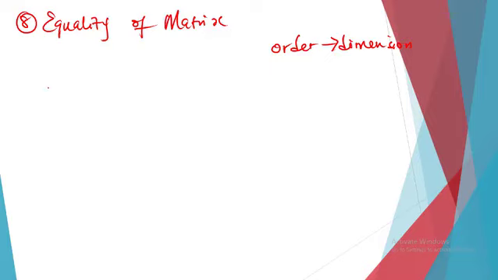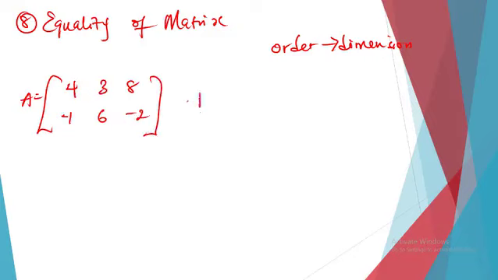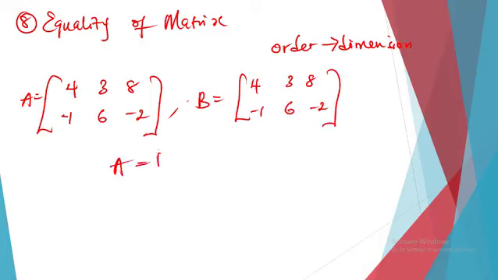If we have A equal to, let's say, 4, 3, 8, minus 1, 6, and minus 2, and we have B equal to 4, 3, 8, minus 1, 6, and minus 2. Looking at this, we say that these two matrices are equal. So A is equal to B. Do you understand?